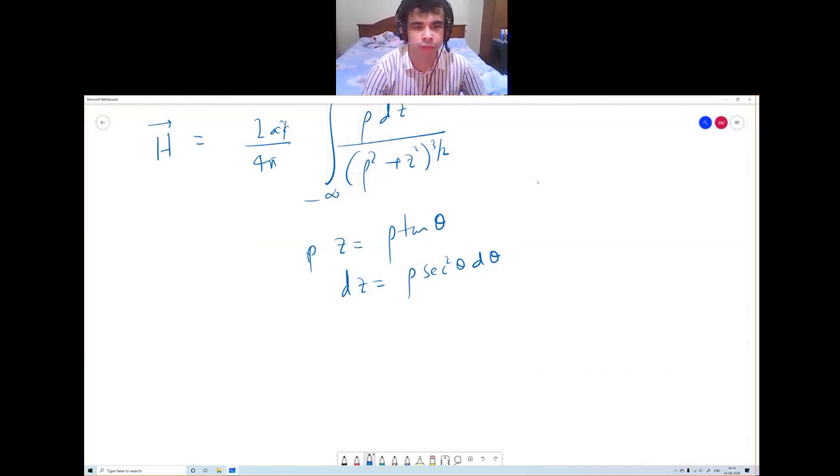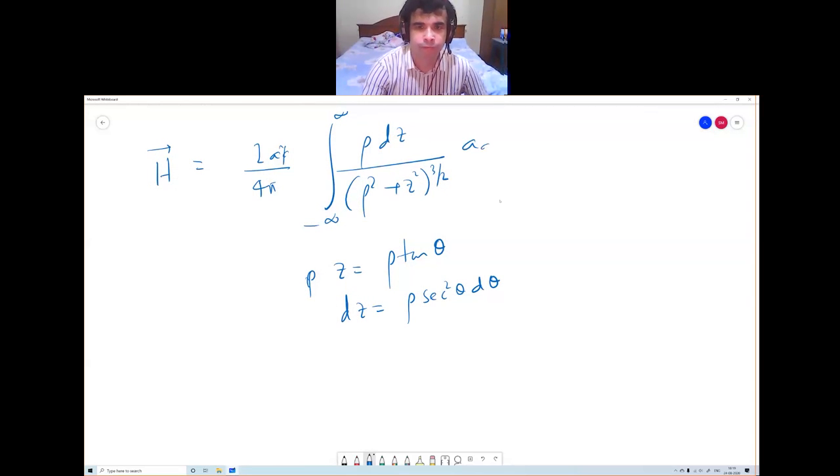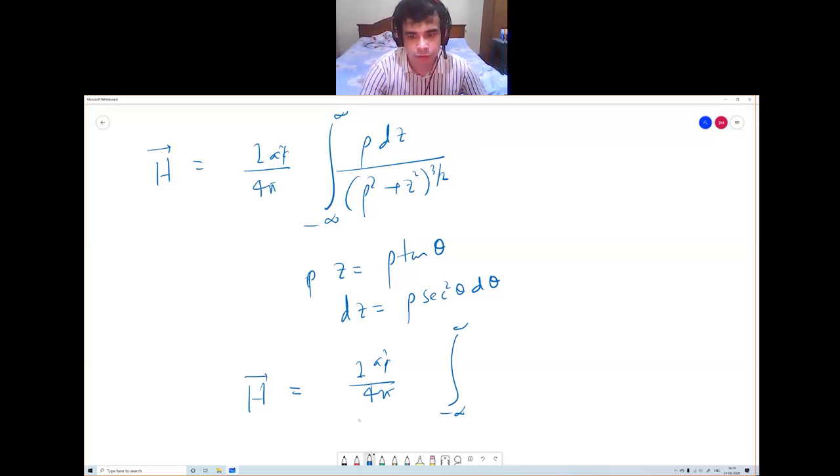So our new integral becomes H equal to I by 4 pi, integral from minus pi by 2 to pi by 2 of rho square sec square theta d theta by rho cube sec cube theta.